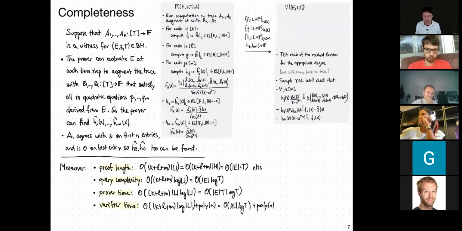And what about the prover space? He's going to need to store the entire program. Yeah, and it's a pain in the neck. So in practice, the L log L is not really a big deal.